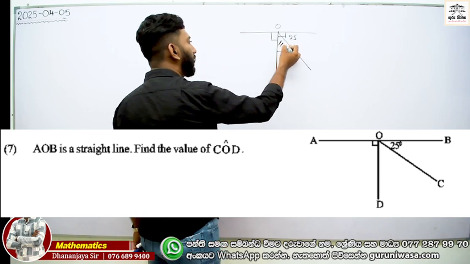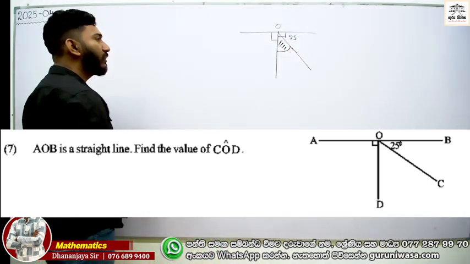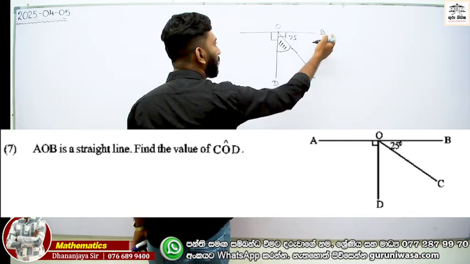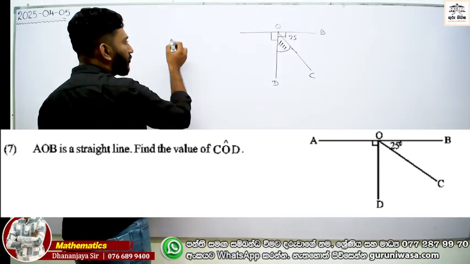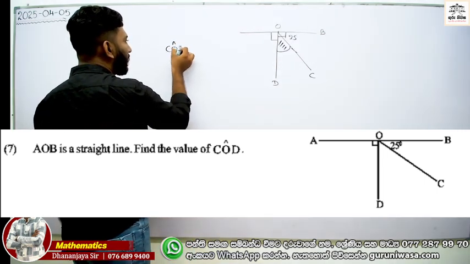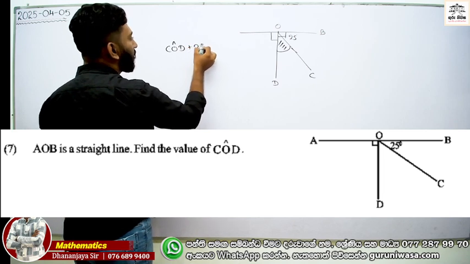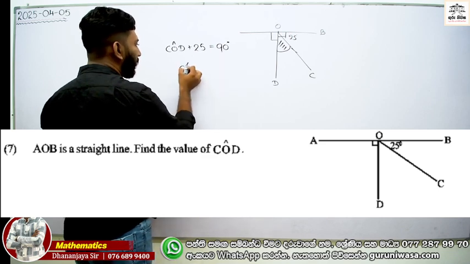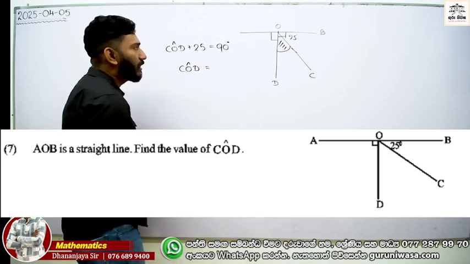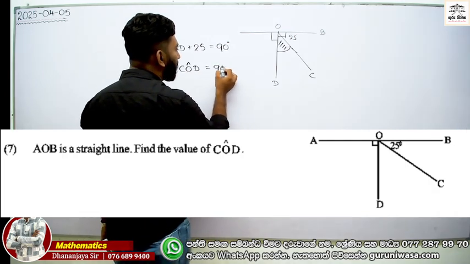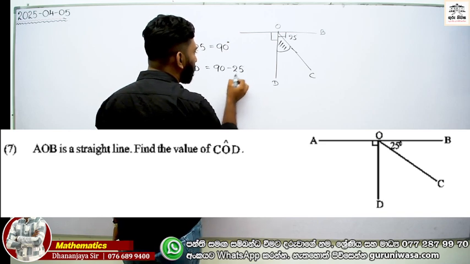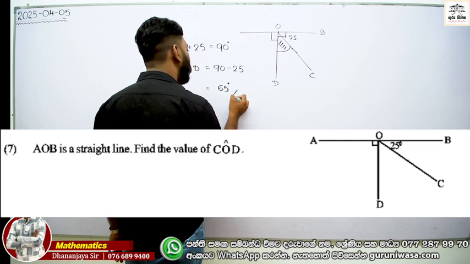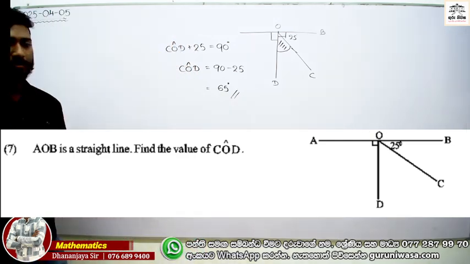COD plus BOC, therefore you can write angle COD plus 25 should equal 90 degrees. COD becomes 90 minus 25, which is 65 degrees.